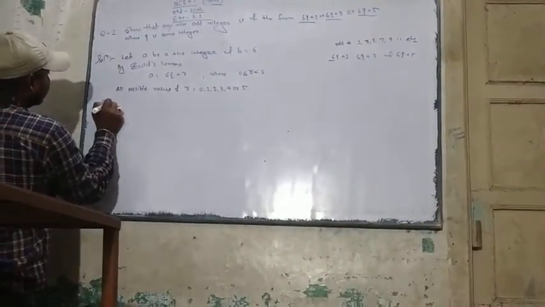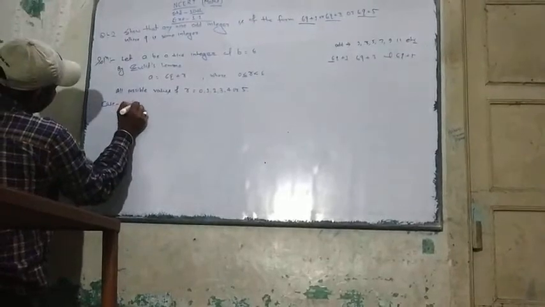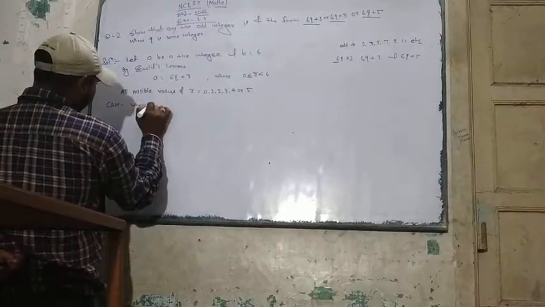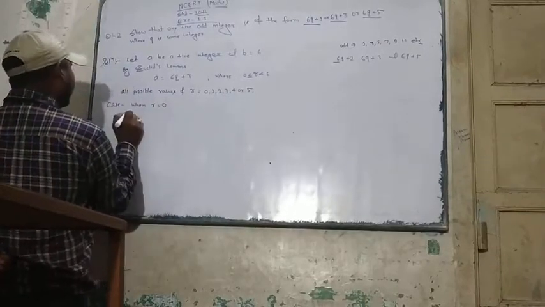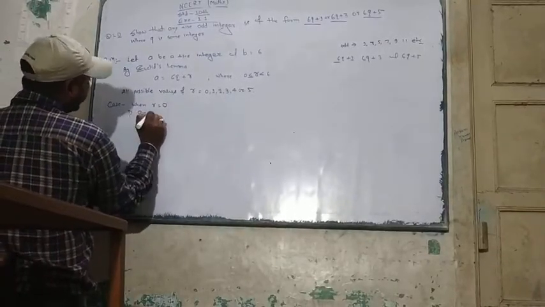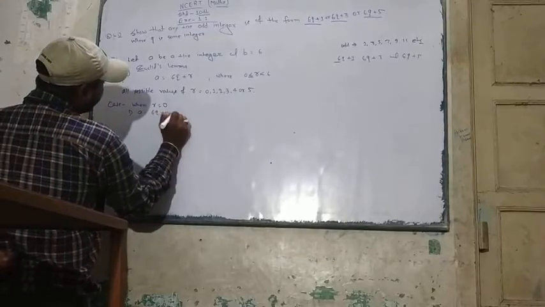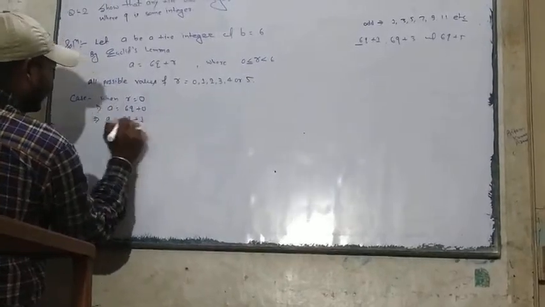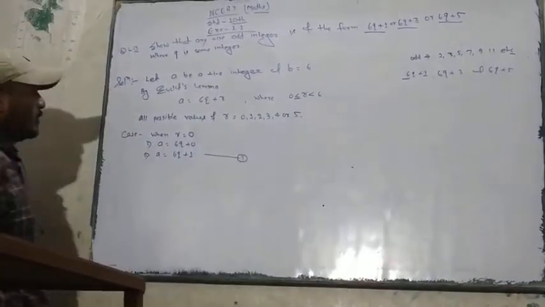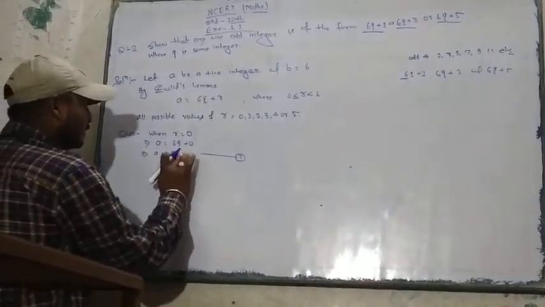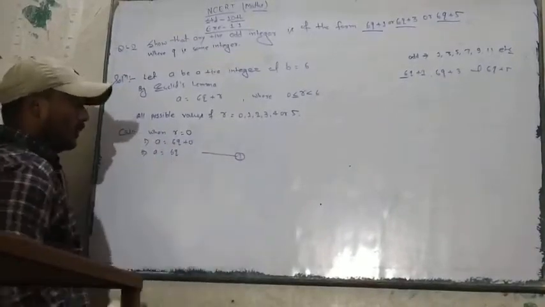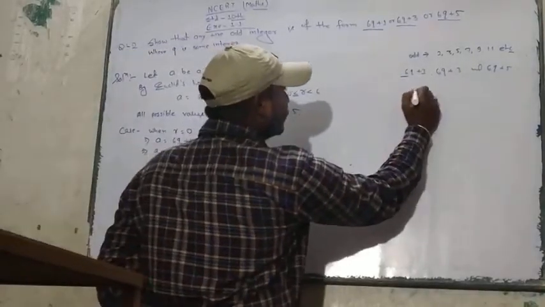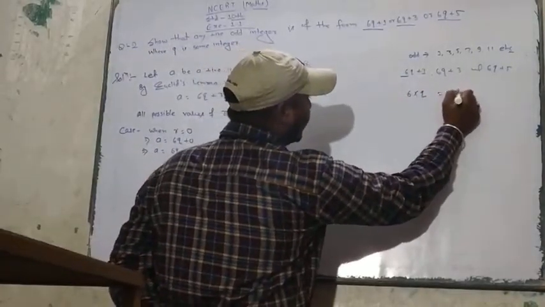When r is equal to 0, then a is equal to 6q plus 0, or we write a is equal to 6q. This is equation 1. Now what about the multiples of 6? 6 into q is an even number.